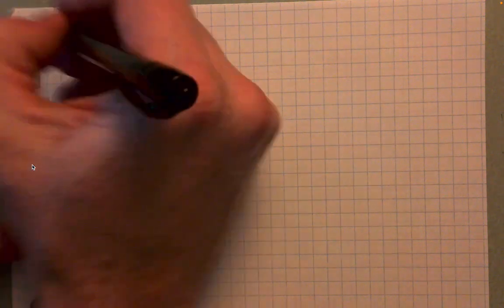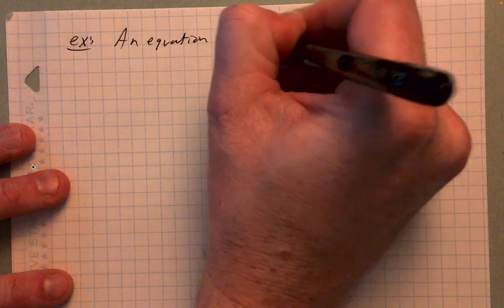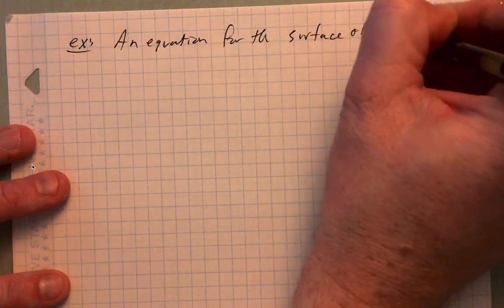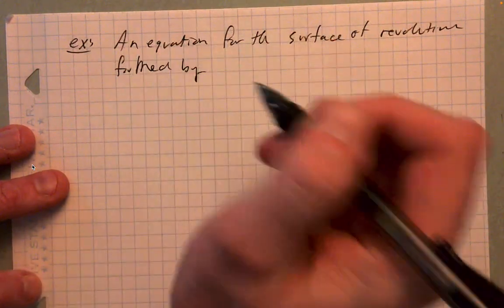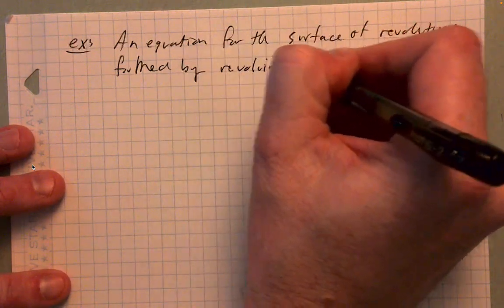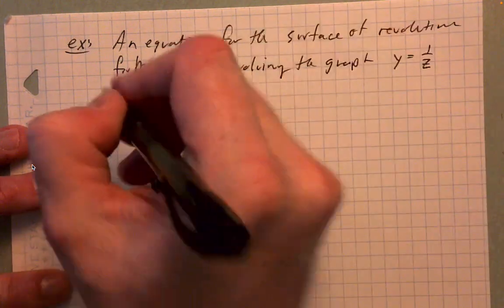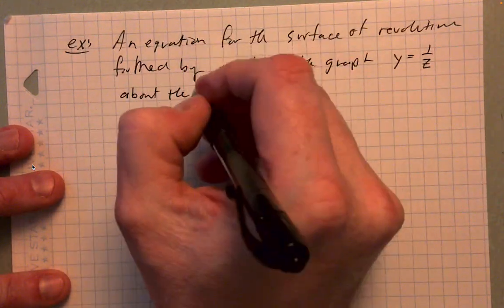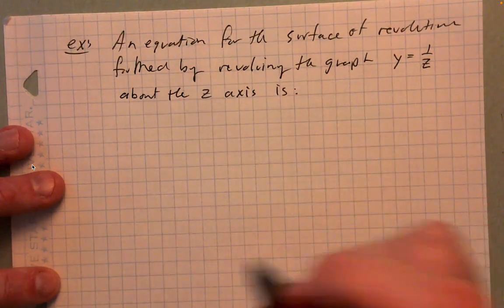Let's do an example. An equation for the surface of revolution formed by revolving the graph y equals 1 over z about the z-axis is, well, let's write it out.